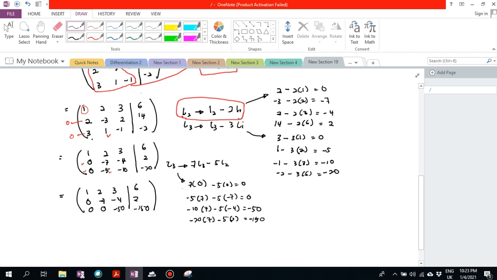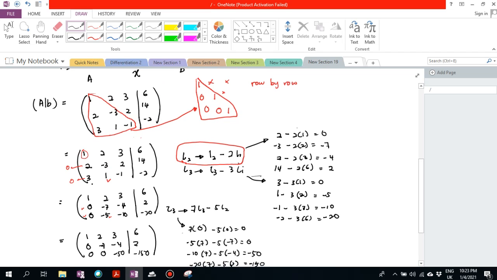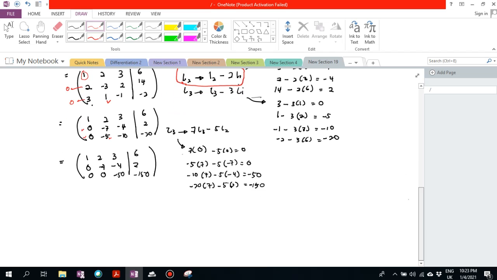Okay, so now what we can see here is this one is already 0, this one is already 0, and this one is 0. So the next step is, we must make sure the leading entries become 1, 1 and 1. So this is quite easy. What we need to do is make sure everything becomes like half of the identity.